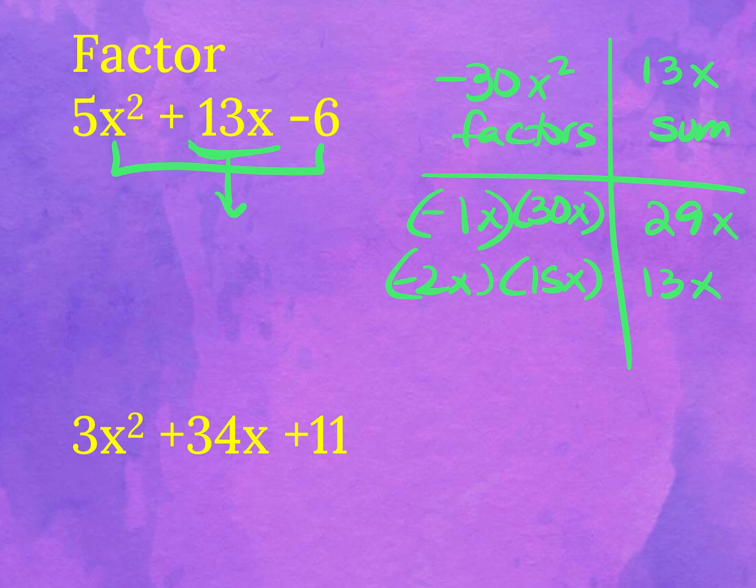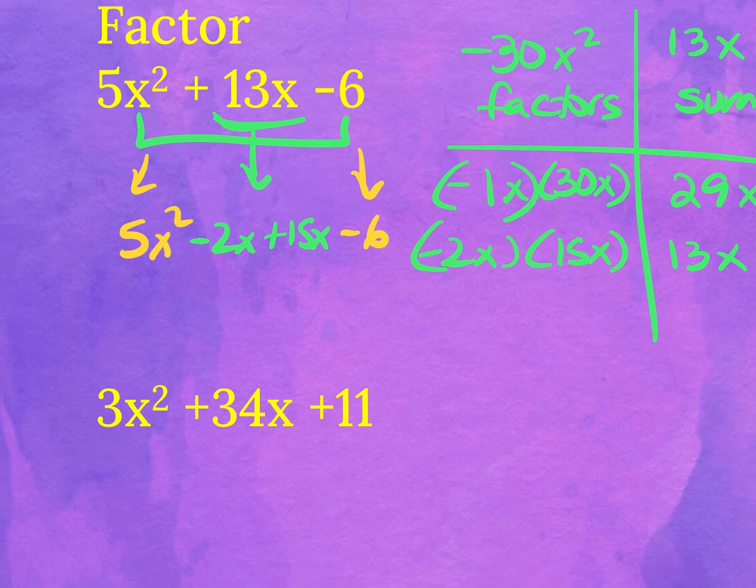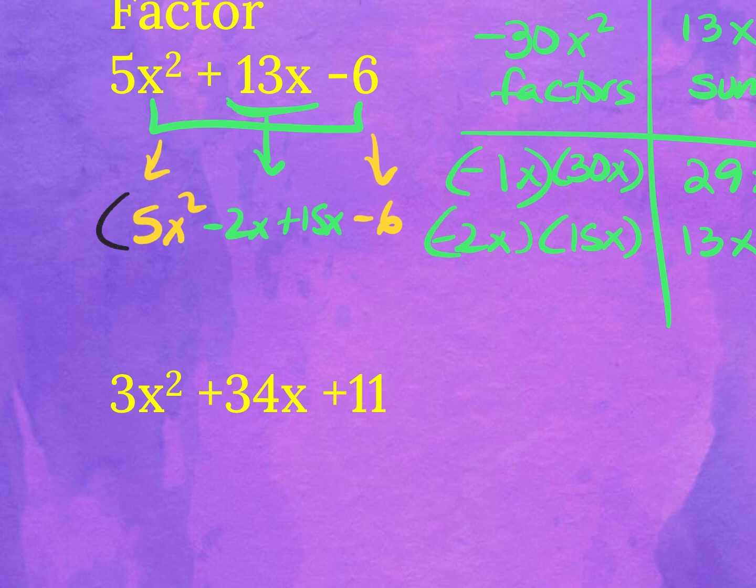So rewrite the first term. Replace with negative 2x, positive 15x, and then rewrite the last number. So now factor by grouping. Let's do a black group, and I'll do a white group here so it shows up.